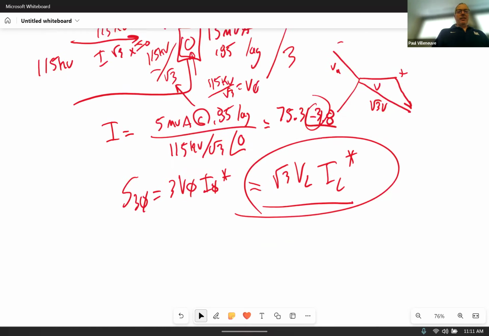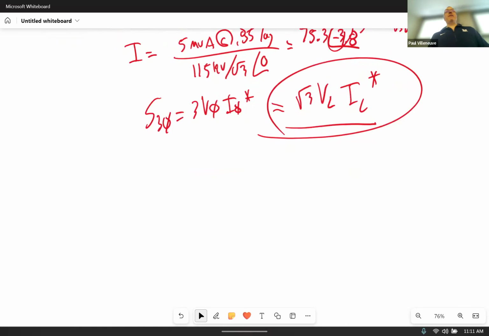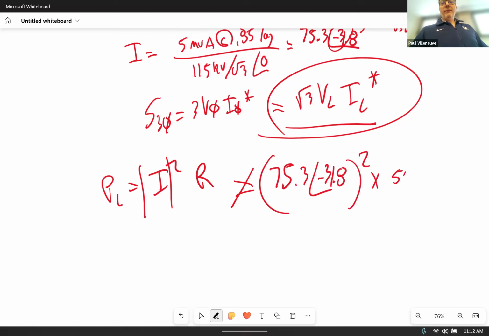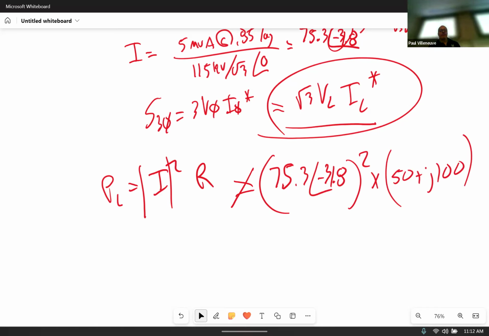Next part, line power loss. This is another one of those tips I gave you. Line power loss is P lost in the line. It's I squared R. Magnitude of I squared R. It is not equal to the current just squared; you can't do that.